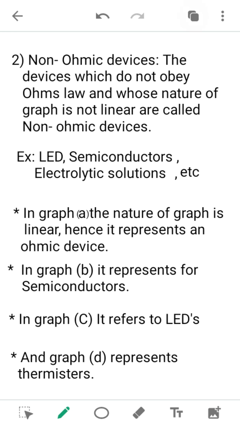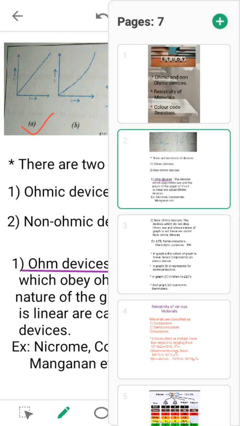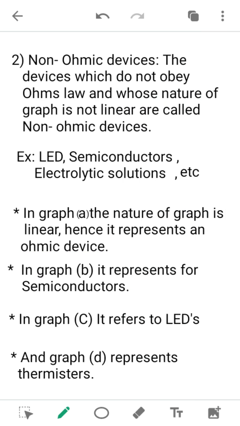I have given a picture here of four kinds of graphs. Let us see the first one, A. The graph A is for the ohmic device and hence it is linear, that is, V versus I is linear. Such a graph is for the ohmic devices.